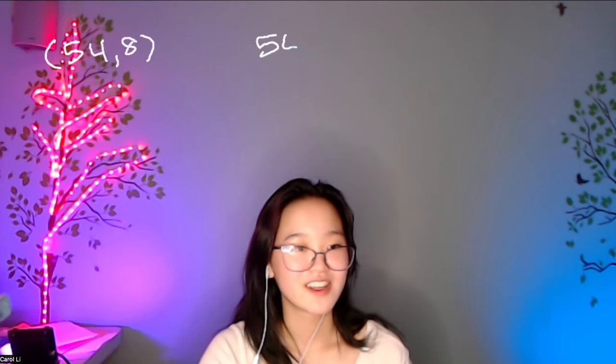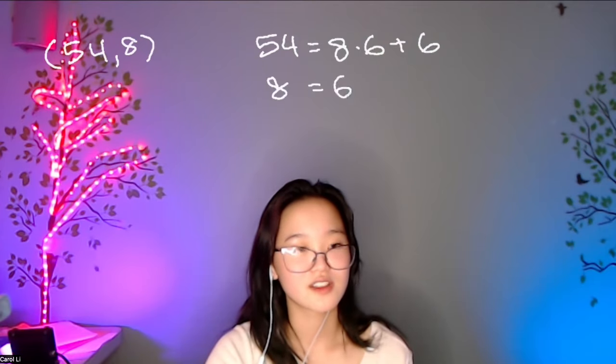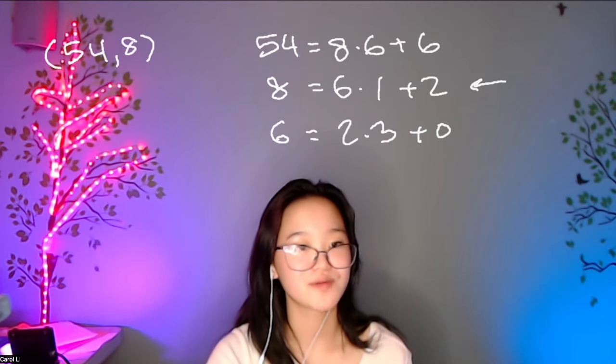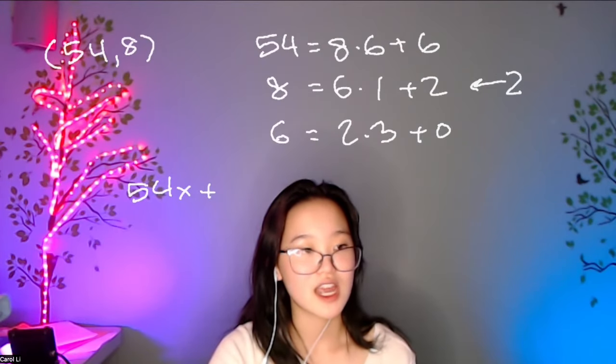So 54 equals 8 times 6 plus 6, 8 equals 6 times 1 plus 2, and 6 equals 2 times 3 plus 0. So the greatest common divisor is 2. Yay. So we're trying to figure out when 54x plus 8y is ever going to equal 2.